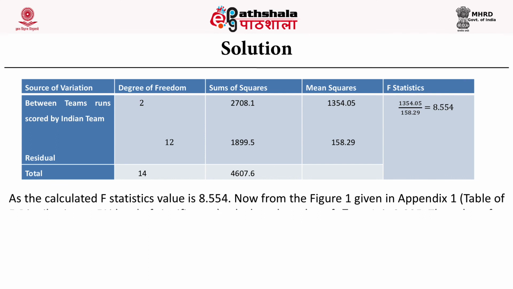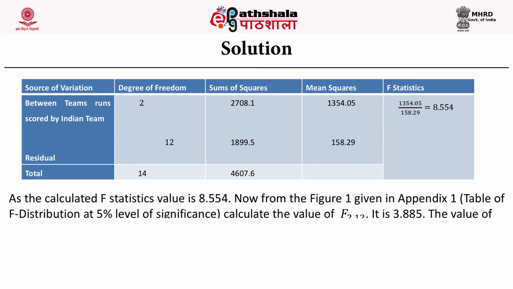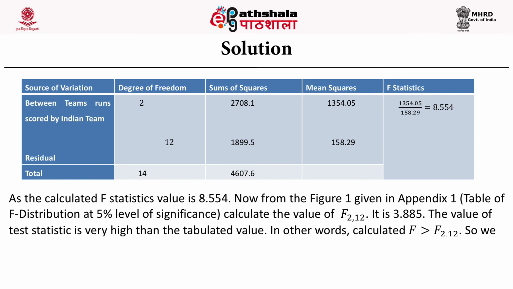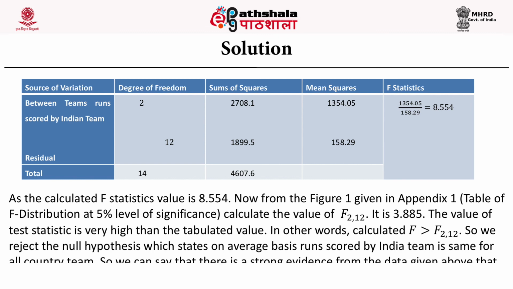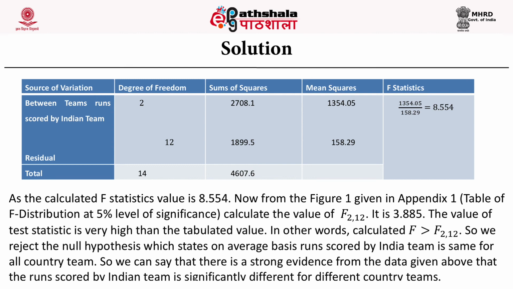The value of the test statistic is very high compared to the tabulated value. In other words, the calculated value of F is greater than F with degrees of freedom 2, 12. So we reject the null hypothesis, which states that on average the runs scored by the Indian team are the same for all country teams. So there is strong evidence from the data that the runs scored by the Indian team differ across different country teams.